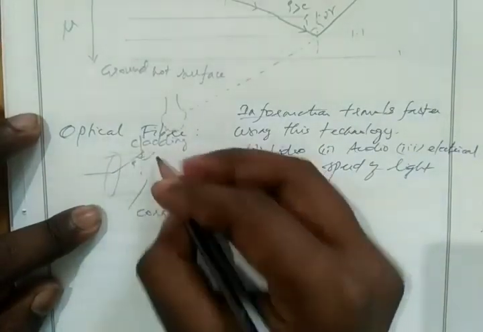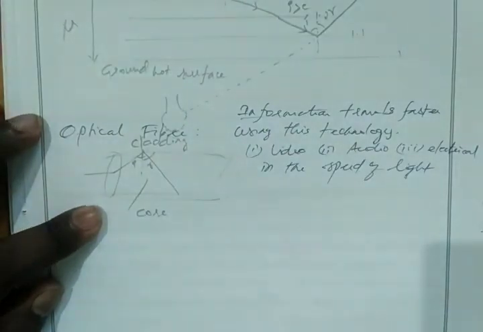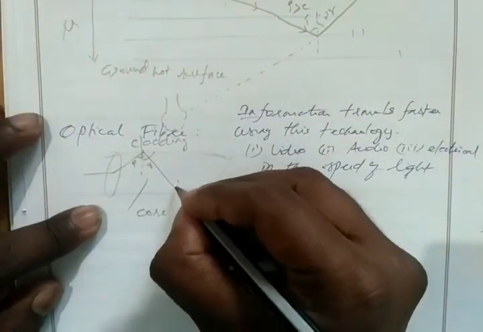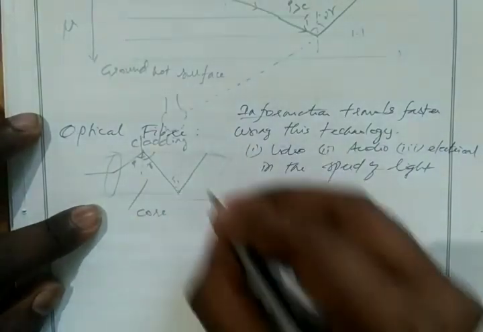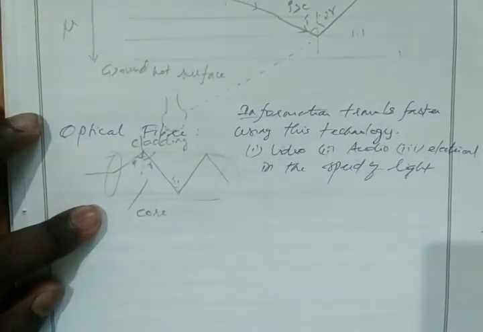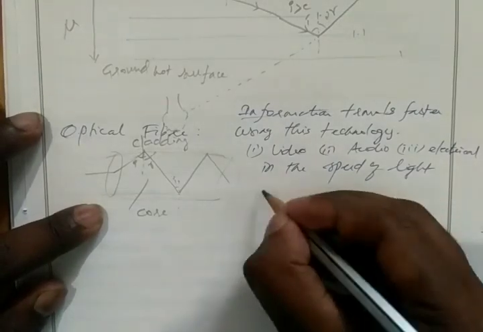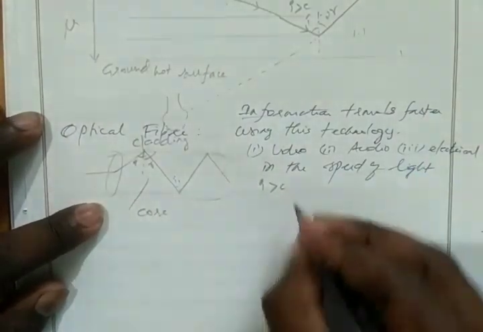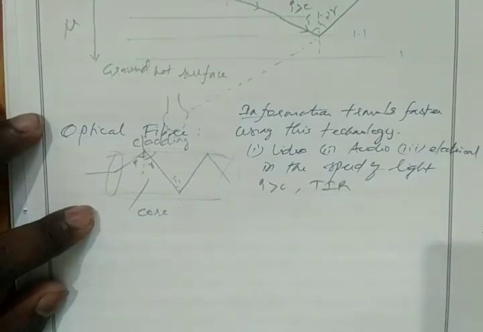So if it is greater than the critical angle, total internal reflection takes place. Again it falls with angle of incidence greater than the critical angle, and again goes for total internal reflection. The optical fiber is designed in such a way that at any angle light falls on the wire, I is always greater than the critical angle, so it goes for total internal reflection.